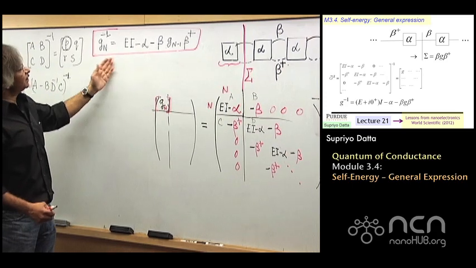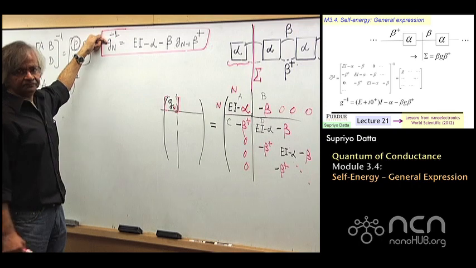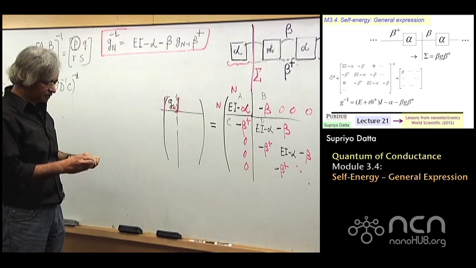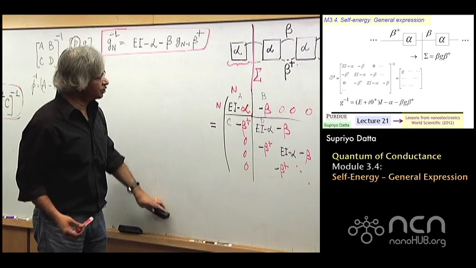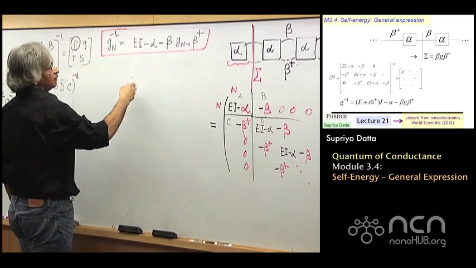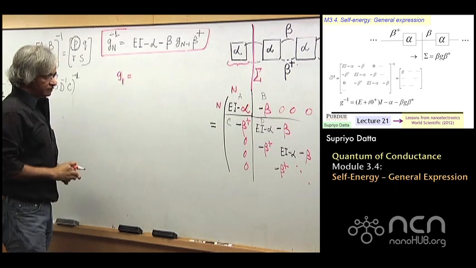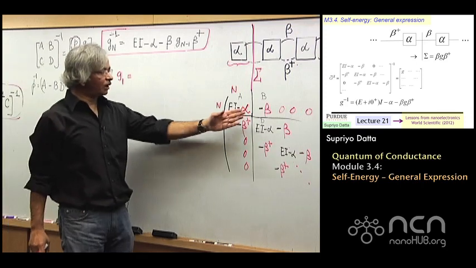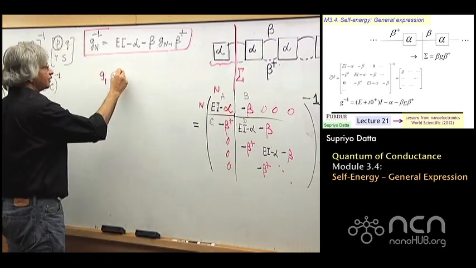So this is the equation that you could use to calculate G. In practice, you'd find your G by starting from, let's say, G1, because G1 is easy. G1 means if I just had a 1 by 1 matrix and I invert it, what do I get? Well, I just get E I minus alpha inverse.